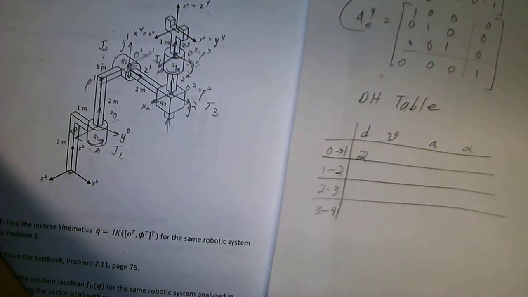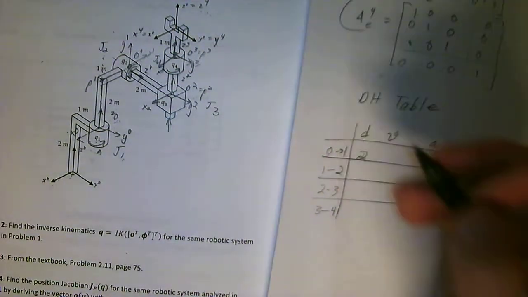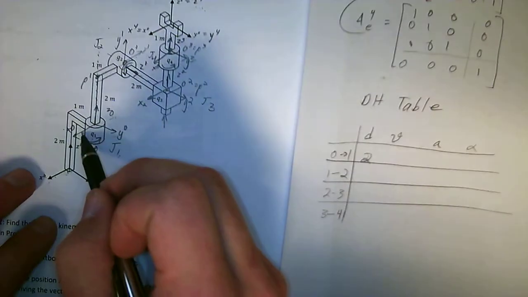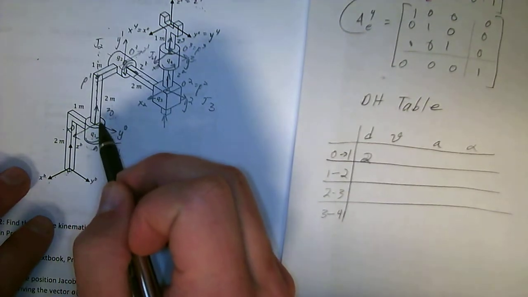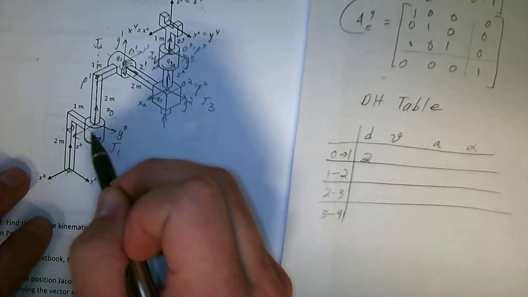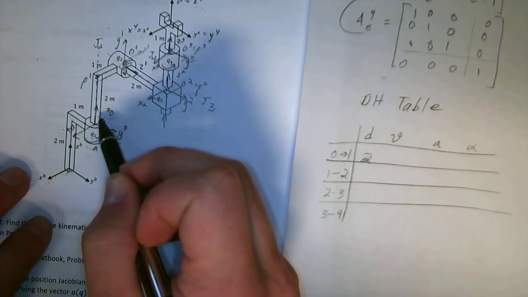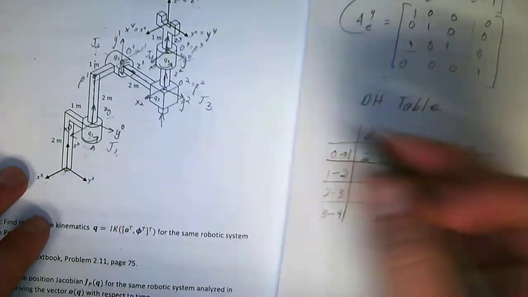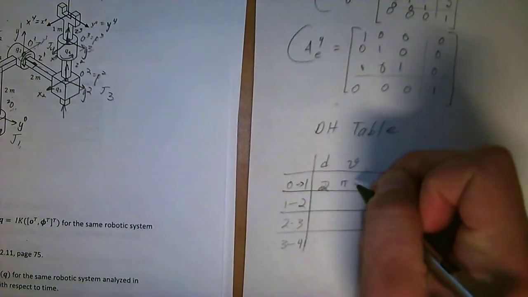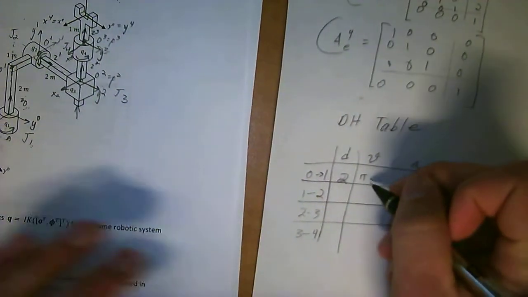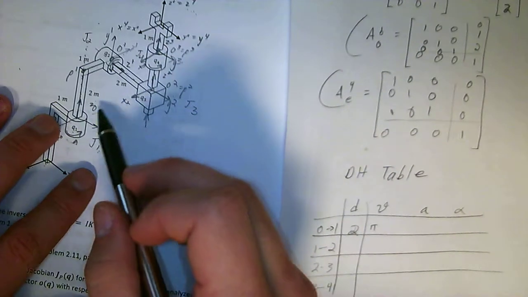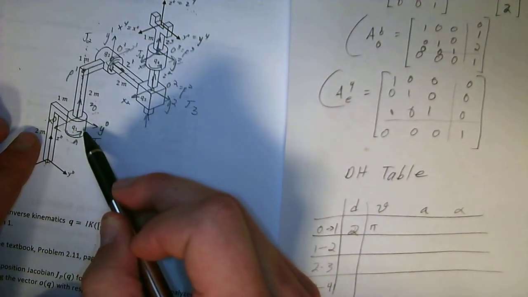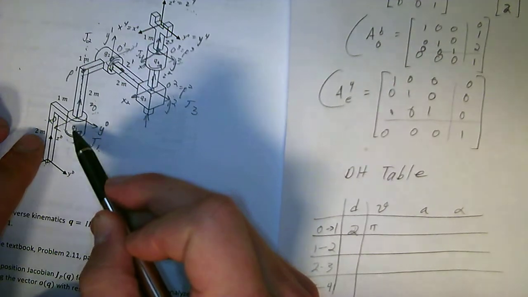So this is going to equal, let me make sure I got this right. Theta is the angle from x of i minus 1, x of 0 in this case, to x of i, which is x of 1. Let me double check something here. Oh, no I didn't make an error.